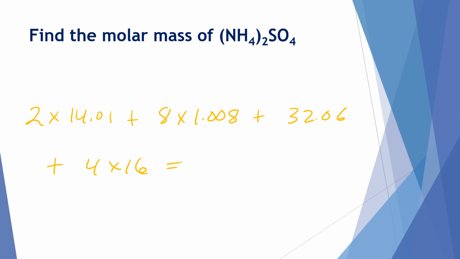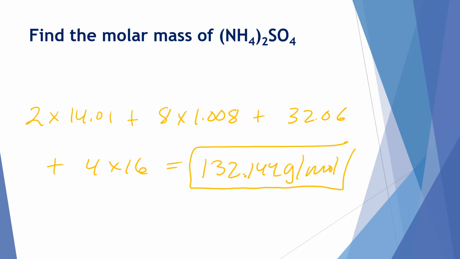That's going to equal the molar mass of this. 2 times 14.01 plus 8 times 1.008 plus 32.06 plus 4 times 16. So the molar mass I get is 132.144 grams per mole. Don't worry about sig figs when you calculate this. This is okay. And when you're looking at sig figs for your final answer, it's based on the question. You're going to see some examples in a little bit.